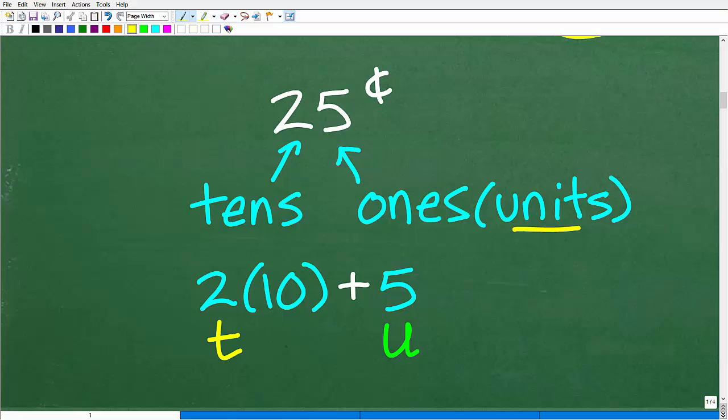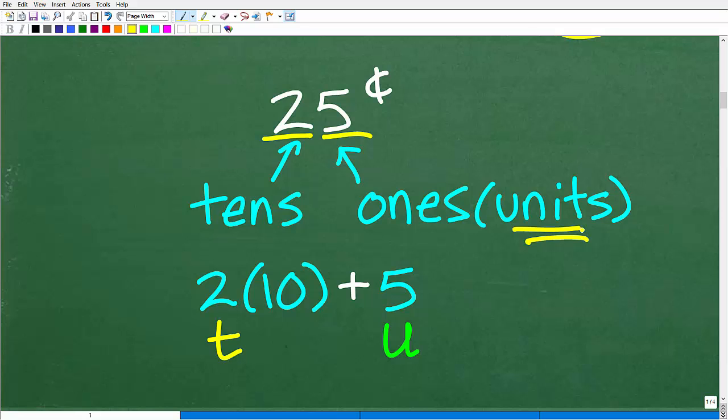Now, of course, these days not many things cost 25 cents because of inflation, but that is a whole different story. Anyways, if we have an item that costs 25 cents, the first digit is the tens digit, and the second digit is the ones digit, or the units digit.